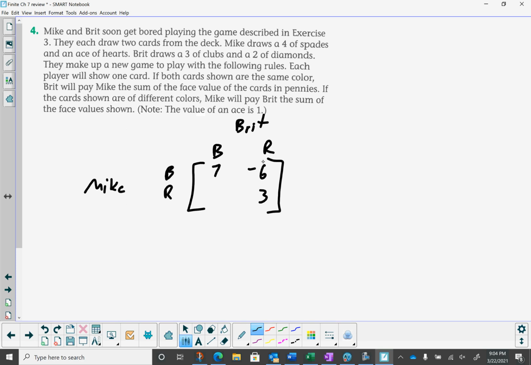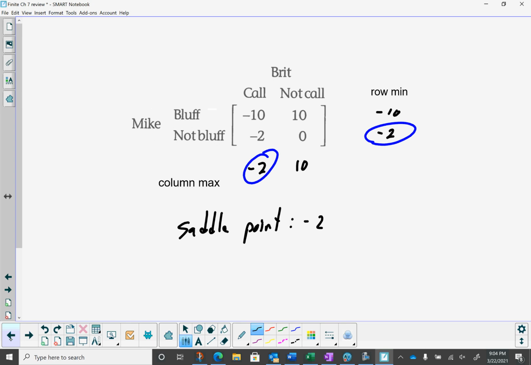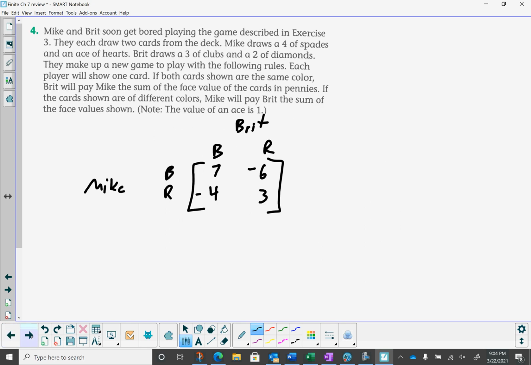And then the other option here, if Mike chooses his red card, which is an ace of hearts, and Britt chooses the 3 of clubs, that's a total of 4. But again, that's Mike paying to Britt. So again, we'll go through the exact same thing we just talked about here. We want the row minimums.